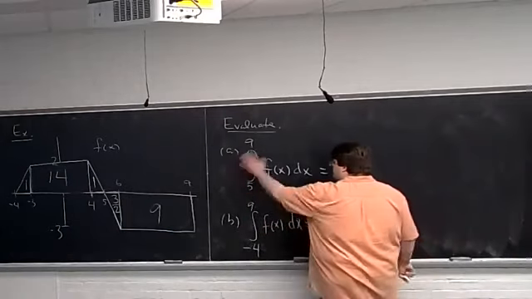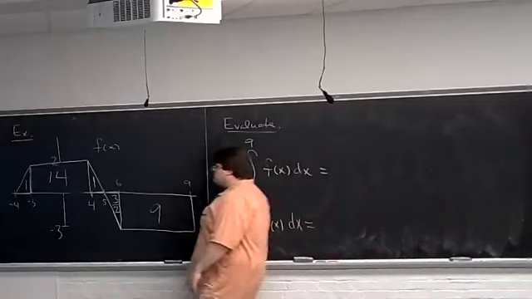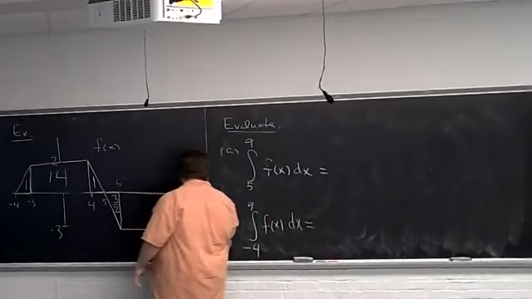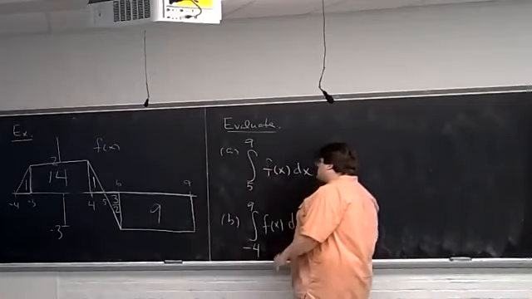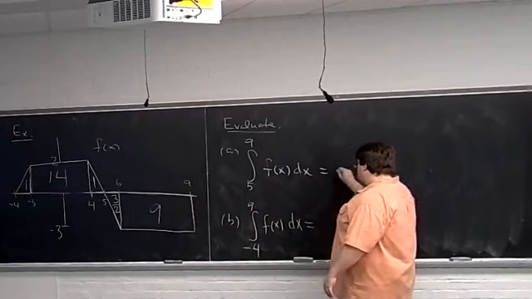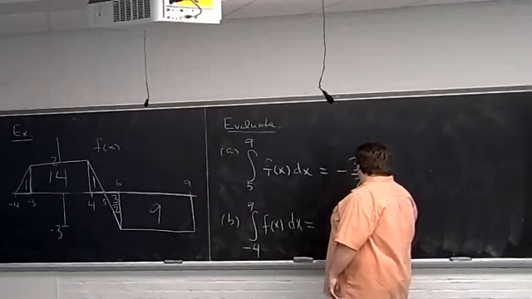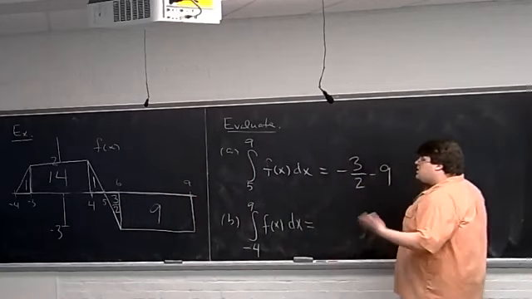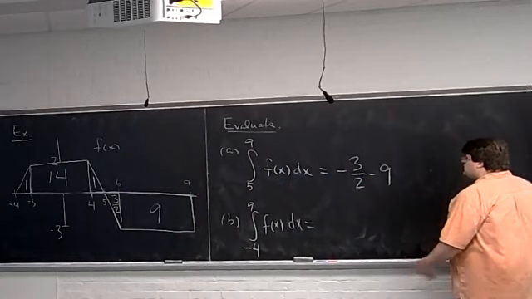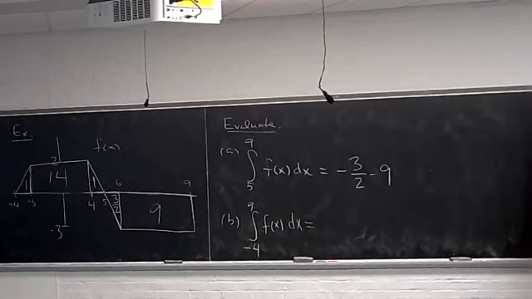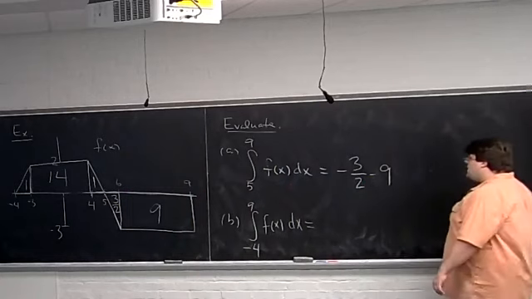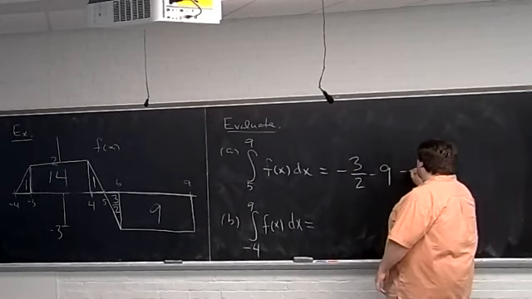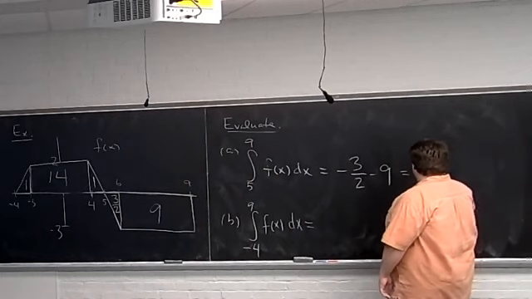But what do we have here? Integral from 5 to 9. Start at 5, go to 9. What's above the x-axis is positive. What's below the x-axis is negative. There's a 3 halves below the x-axis. There's a 9 below the x-axis. So we have negative 3 halves, minus 9, negative 3 halves, minus 18 halves, negative 21 halves.